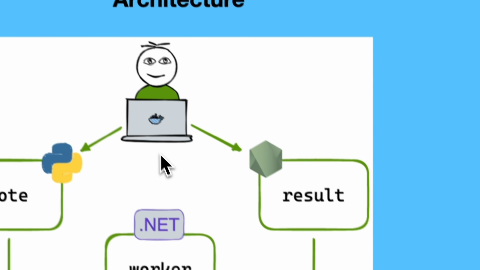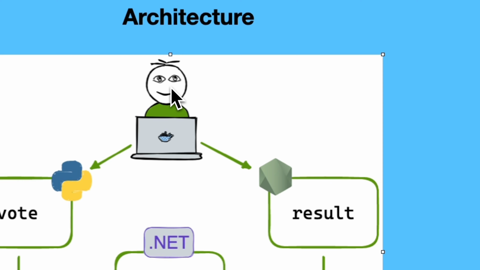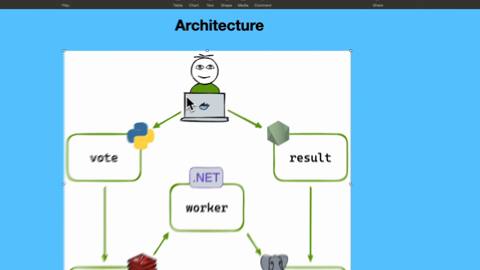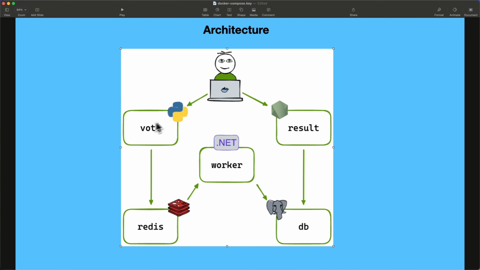So this is the architectural diagram. This is the user. The user can either access the voting application to cast their vote, or go to the result front end to see who is winning between the cat and the dog. When the user casts their vote, that vote is persisted on Redis, an in-memory database, just like I mentioned before.